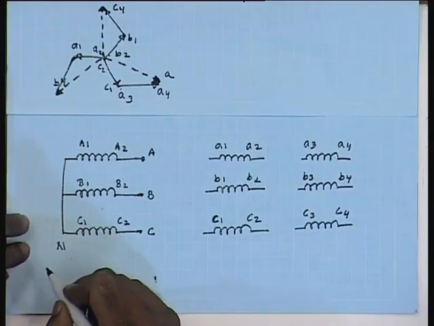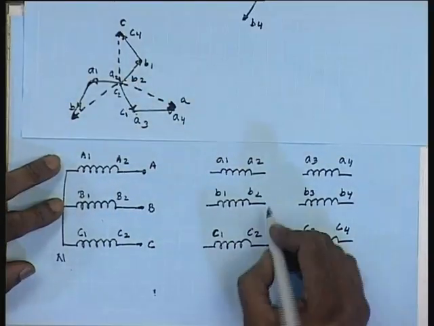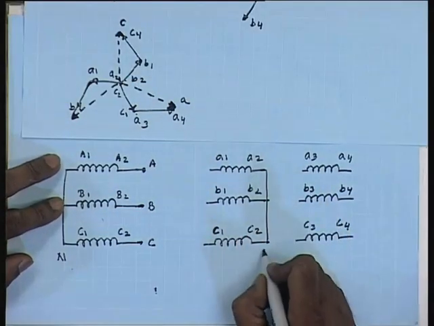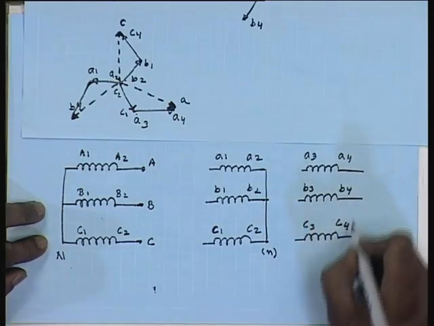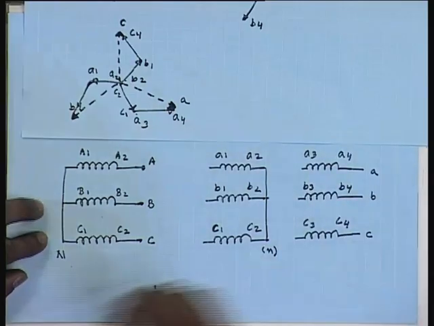The star point, as we see, is formed by connecting A2 B2 C2. This is the star point, and lines are taken from A4 B4 C4. This is line A, this is line B, this is line C.